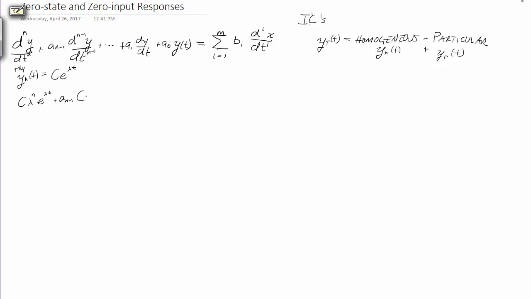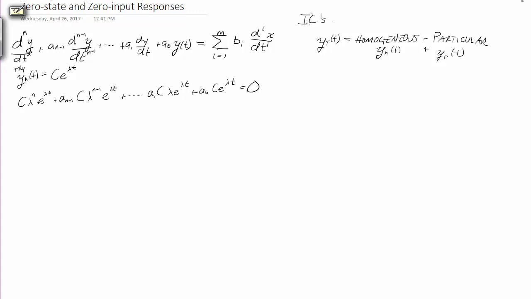That would be c lambda to the n minus 1 e to the lambda t. Keep doing this until you get down to the first derivative, a_1 c lambda e to the lambda t, and then the original function itself scaled by a_0. And if we're solving the homogeneous differential equation, the right-hand side is 0.